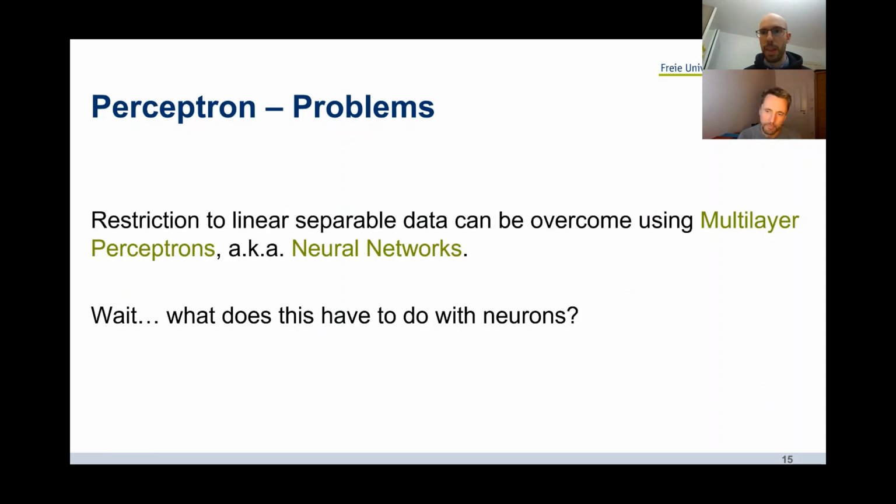The way that researchers found to work around this problem is to not use a single perceptron or a couple of perceptrons for multiple dimensions, but to use so-called multi-layer perceptrons, which are what we today call artificial neural networks, or at least the precursors of modern artificial neural networks.